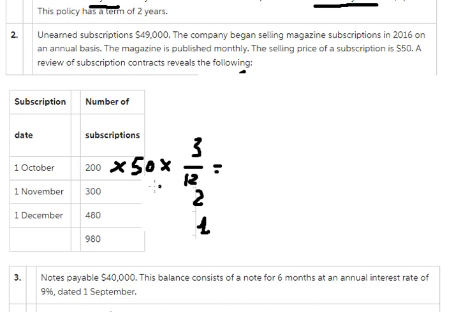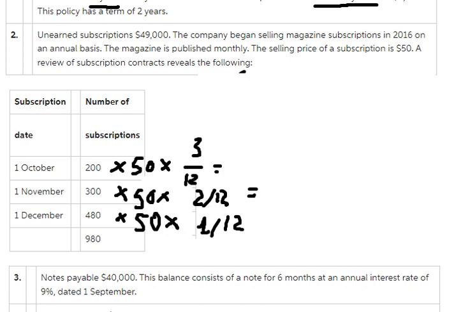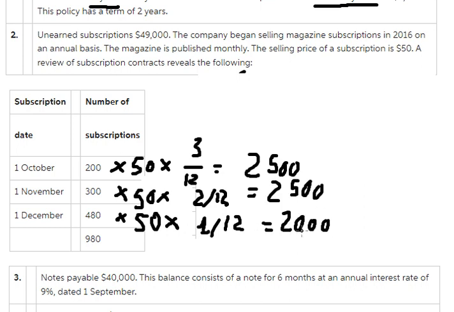Now we need to adjust this one, and if we calculate in this way, you will have this amount in here.